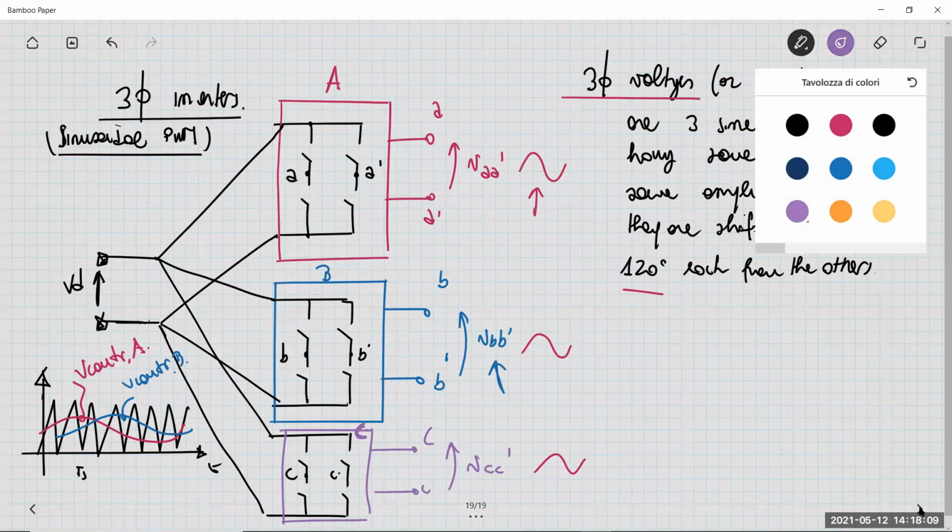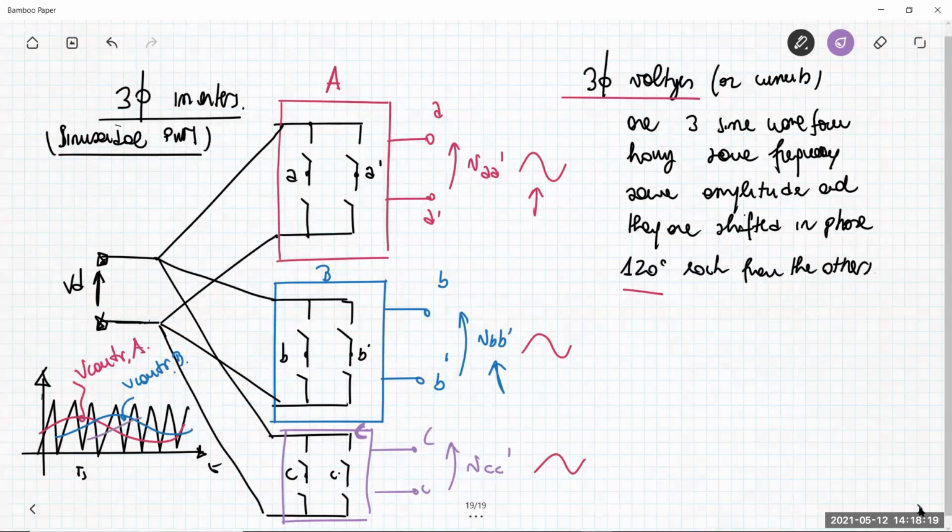And then I have a third control voltage, which is again same frequency, same amplitude, so same amplitude modulation factor, which is shifted by 120 degrees from the previous two. And this is the V control C, which is used for generating VC prime. Okay, this is basically the idea.